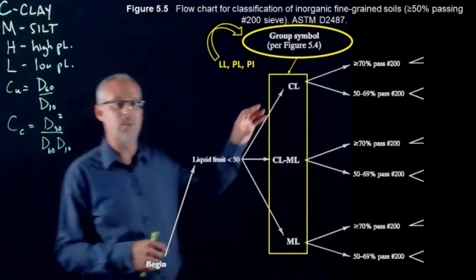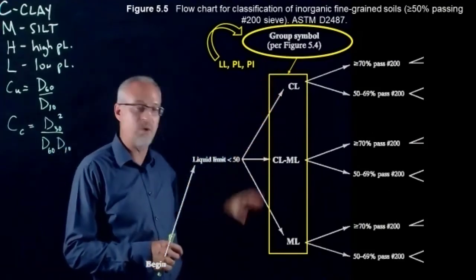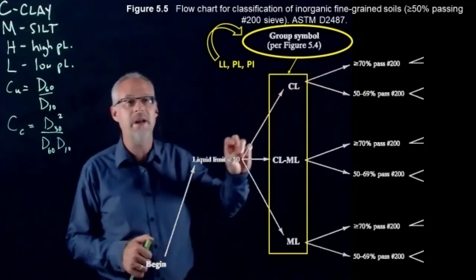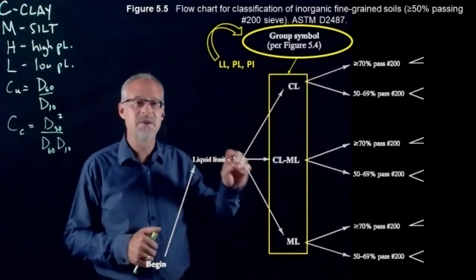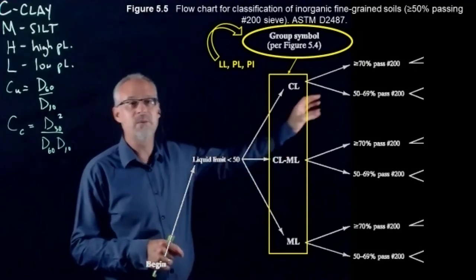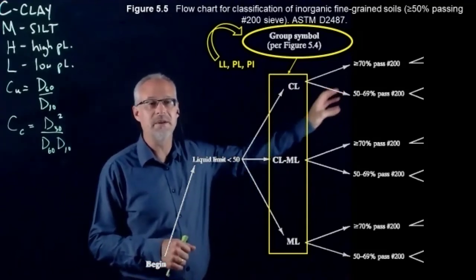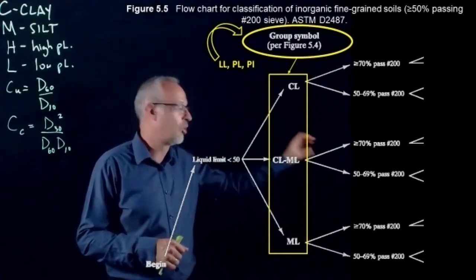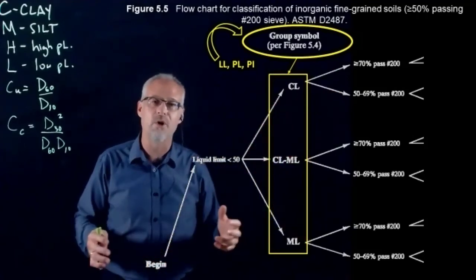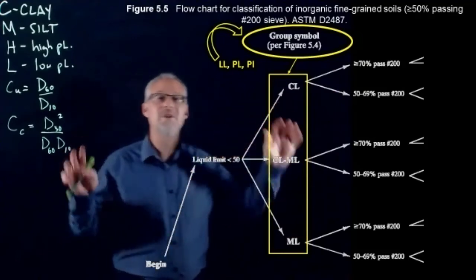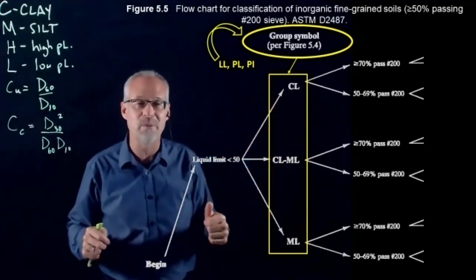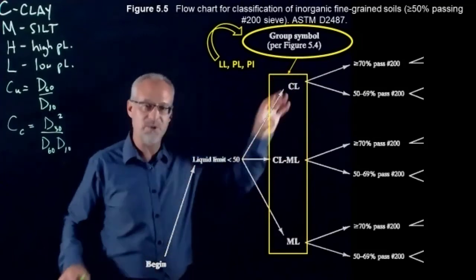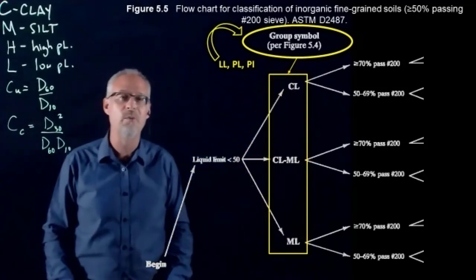The next step, depending on which one of these we fall into, we then go over and say, is it greater than 70% silt and clay, or is it between 50 and 69%? Same decision for each of these other ones. Notice that the lower limit is 50%, not 0, because in order to be using this chart, it has to be greater than 50%. Okay, so pretty logical, how you find your way through this, I hope, so far.